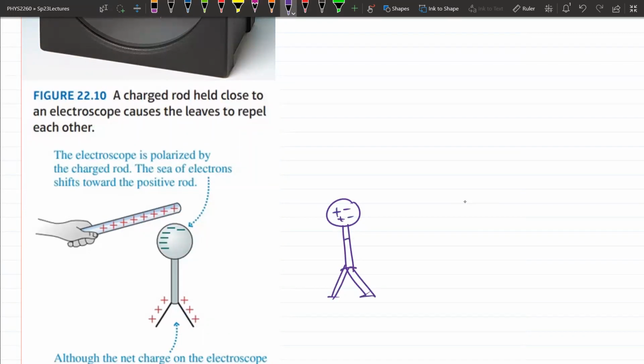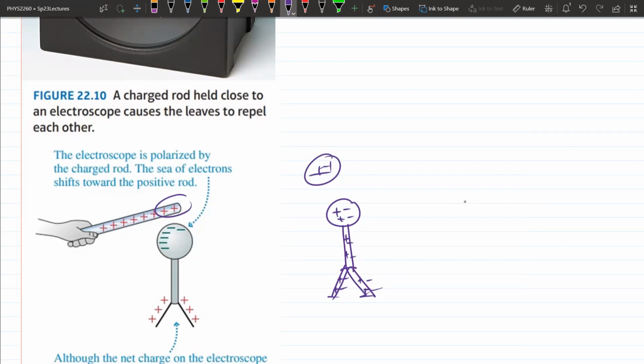Normally a piece of metal will just have equal plus charges and minus charges at the same spot. They all kind of mix up together. But if you put a positive charge source here, that positive charge source is going to attract all the electrons up to the top. So all these electrons get moved from the bottom and migrate all the way to the top, and that creates a negative charge on top.